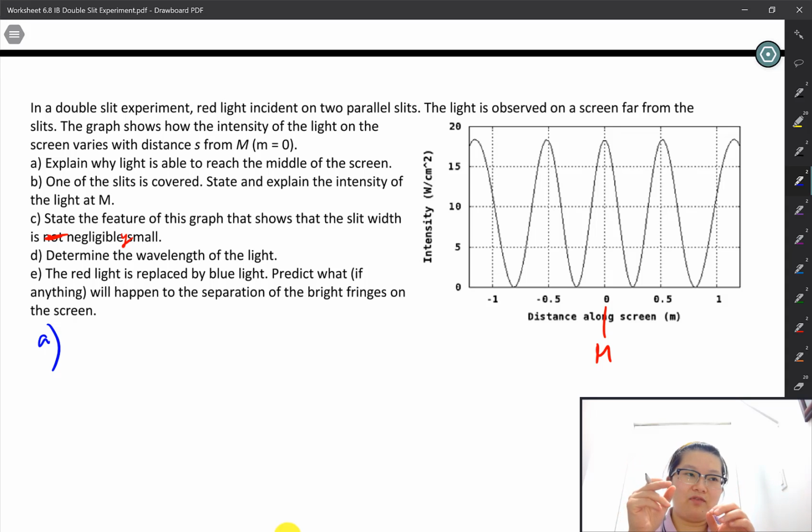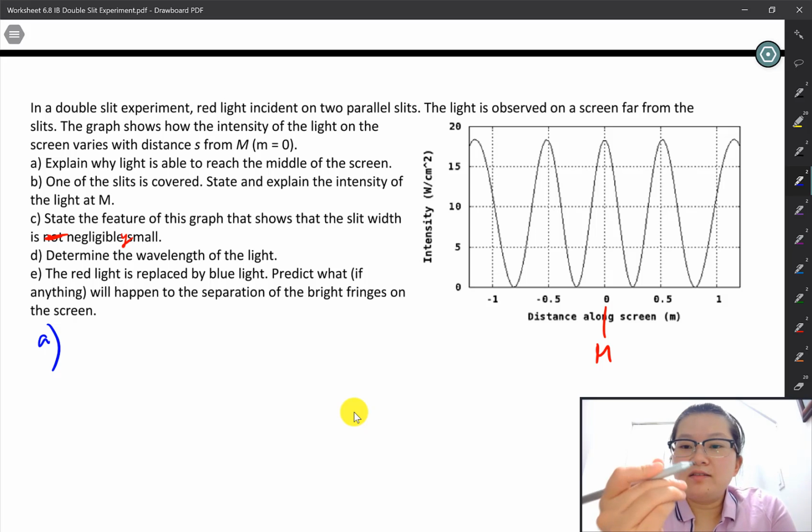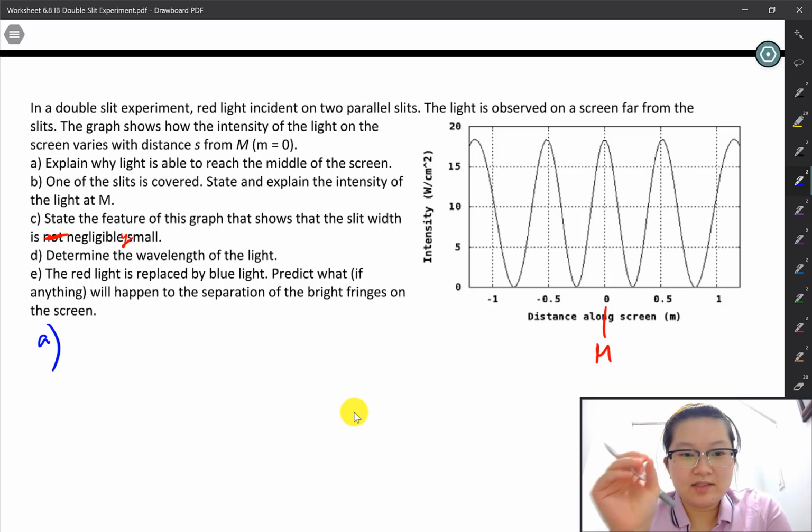And of course, the diffraction is going to be much less depending on the slits that you use.